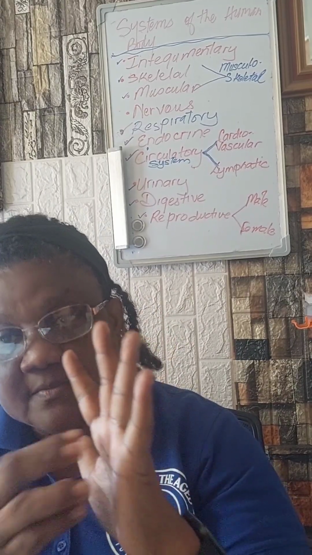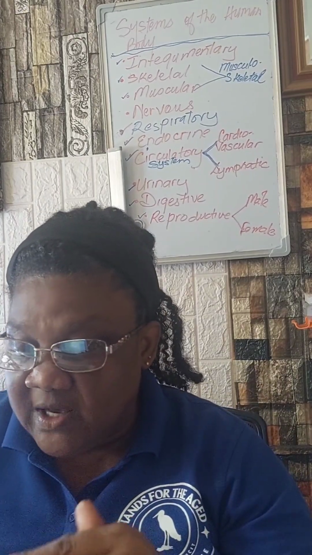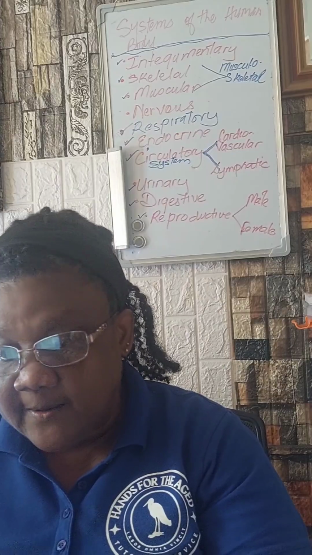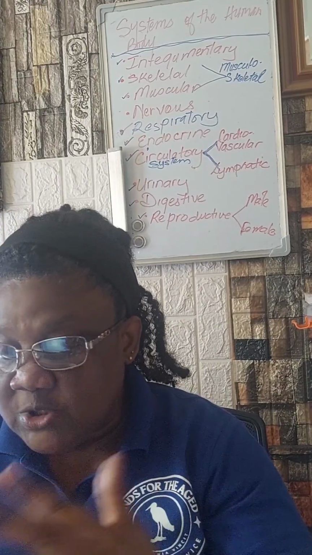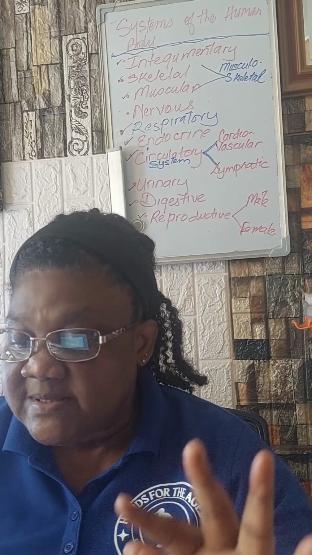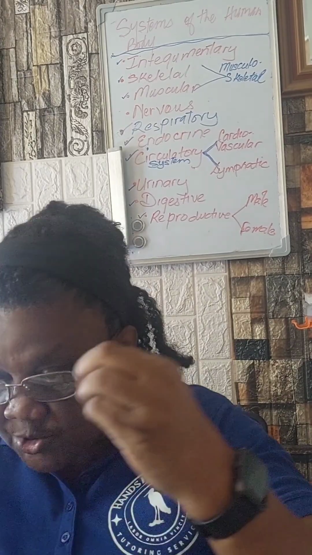Then deep to the epidermis, you have the dermis, and deep to the dermis you have the subcu layer. Now the dermis is made up of two sublayers, and you can read about them. The papillary region consists of connective tissues containing elastic fibers, stretchy.